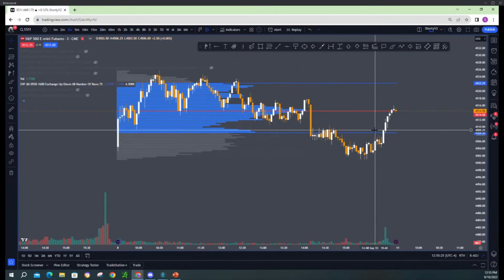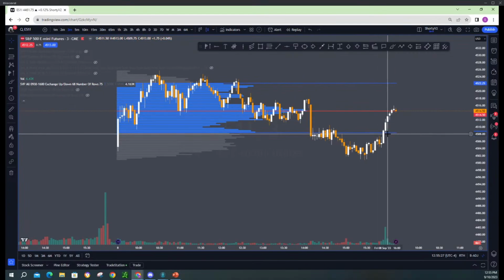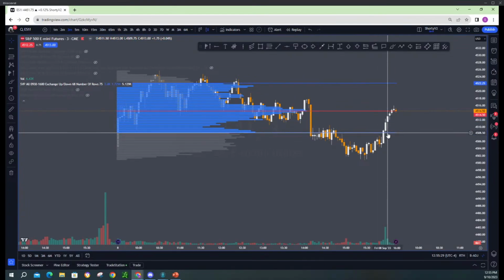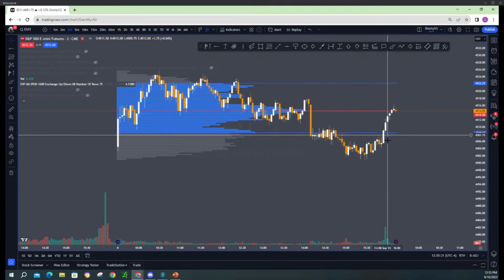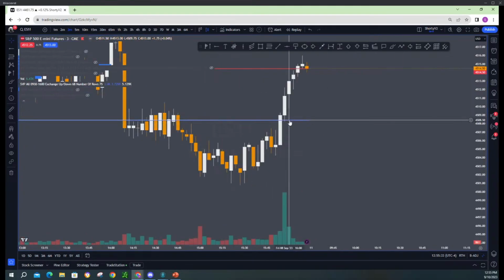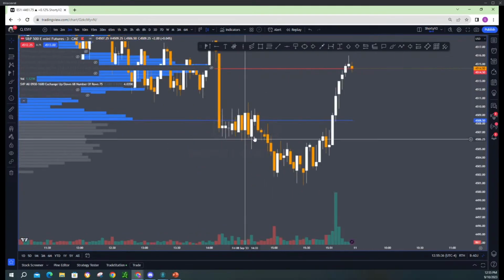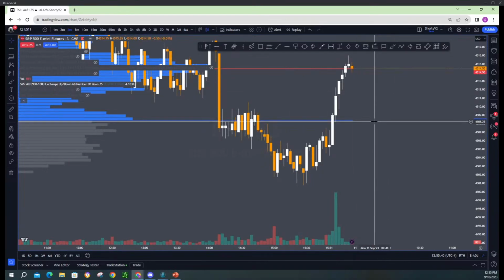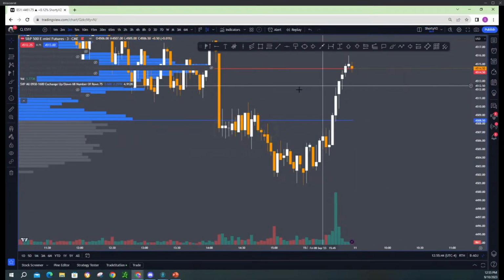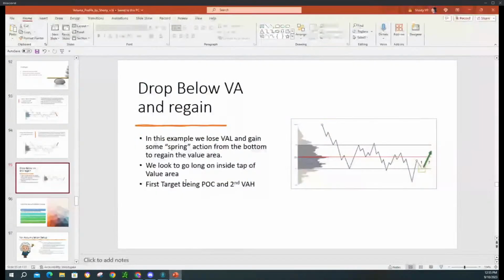So look here, they regain it, and I know it doesn't look like it, but on the day time frame here, they gave you a retest. That little small wick, if you guys can see it, they gave you a tiny little retest. So if you're a scalper, that's plenty enough for you. If not, then you're waiting for a pullback to this level, and then you're looking for a potential long if that happened. Okay, so that's this.